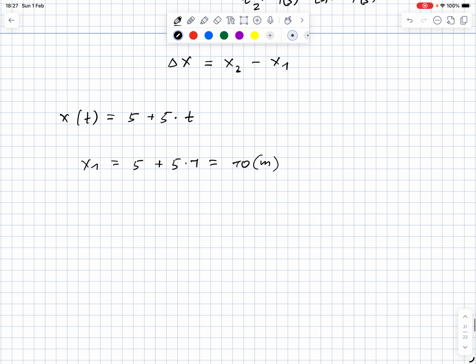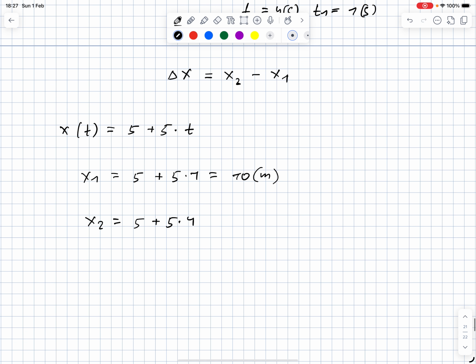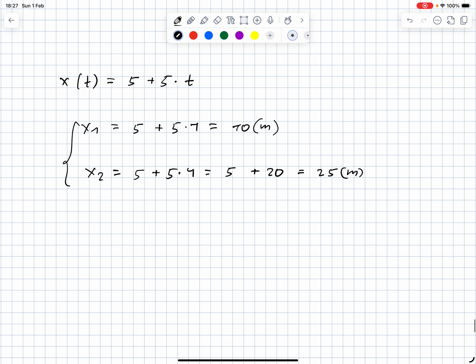The second position, or you can say final position, is 5 plus 5 times 4, which is 5 plus 20 equals 25 meters. And finally, we can calculate the displacement of this object, which is 25 minus 10 equals 15 meters.